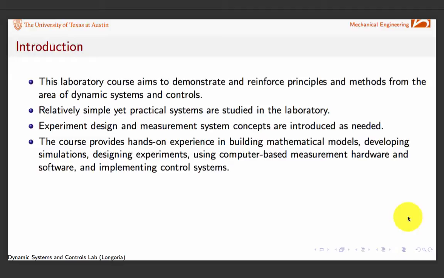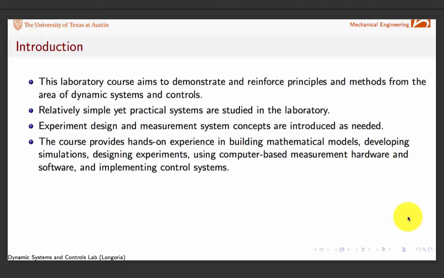We meet in the lab for 2 hours, which means we keep the experiments relatively simple, yet focused on practical application of the types of systems that you will be not only studying in lecture that might be applicable to real applications, but also the use of measurement instruments and sensors and actuators. We like also to give you opportunities to learn how to use these tools independently.